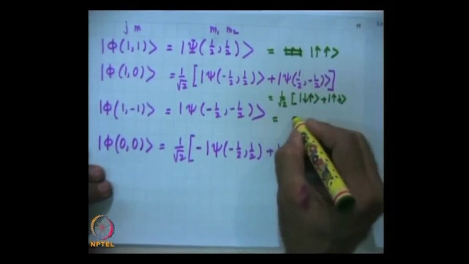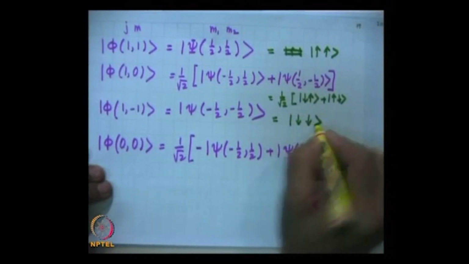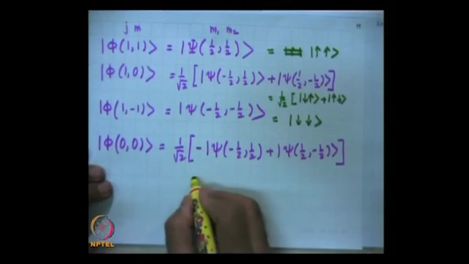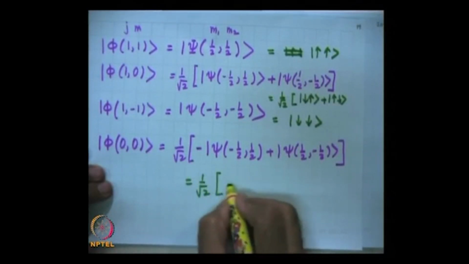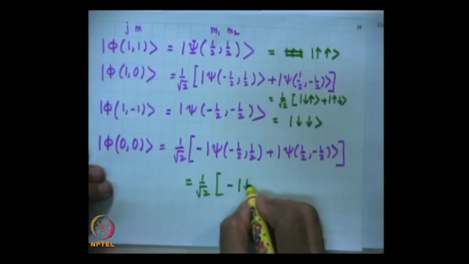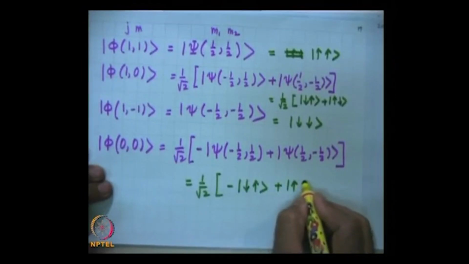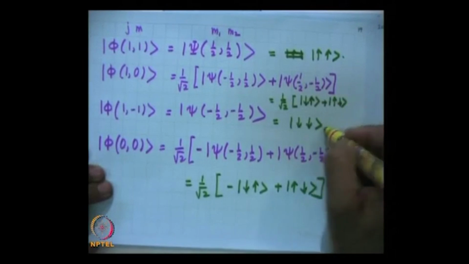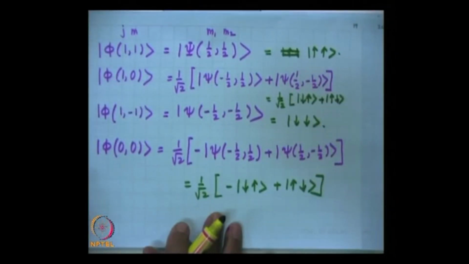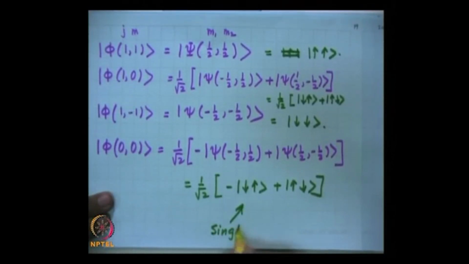This is down, down, and this is 1 over root 2 of minus down, up, plus up, down. These three states are the triplet states, and this state is known as the singlet state.